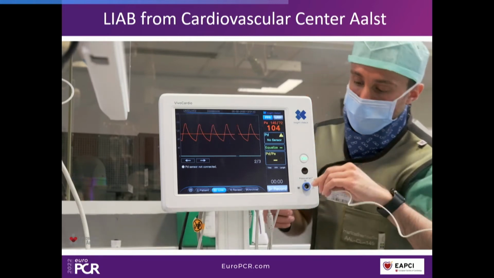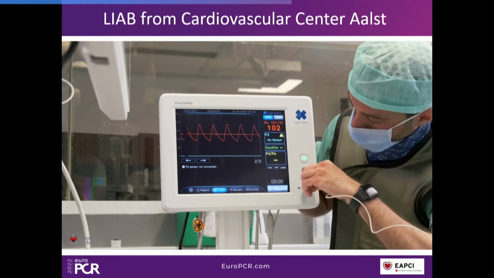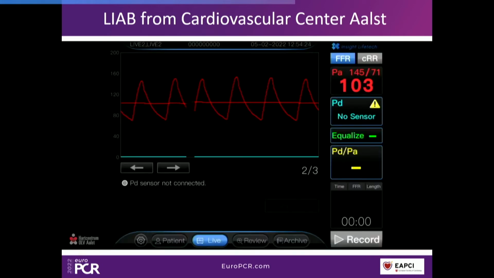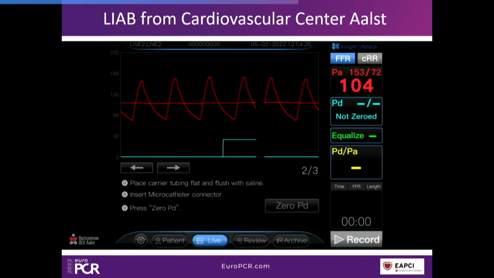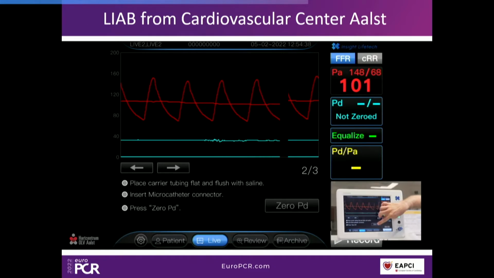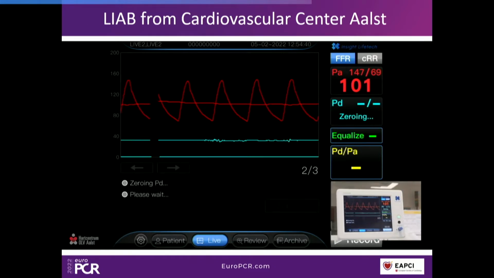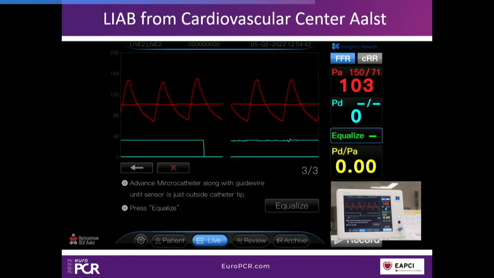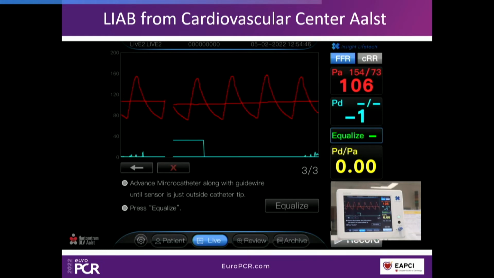Okay, and then the Vivo Cardio will tell you all the steps to further prepare. So, next. Okay, so we have zeroed the catheter, and then we take it out and we introduce it in the patient.